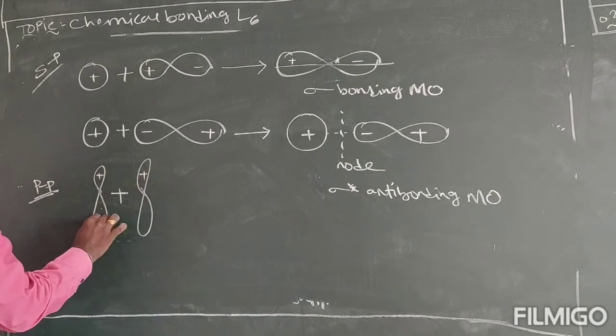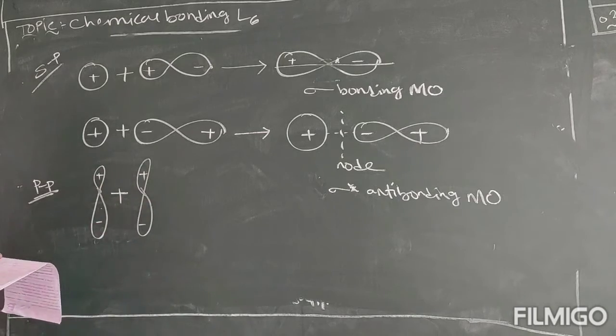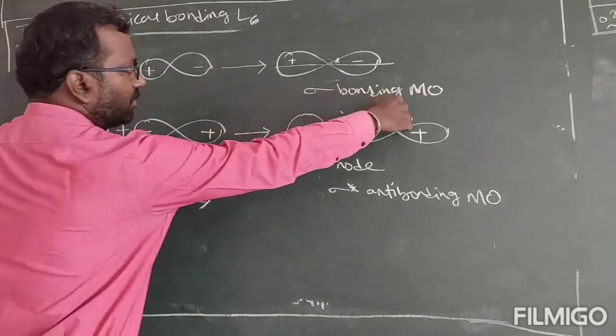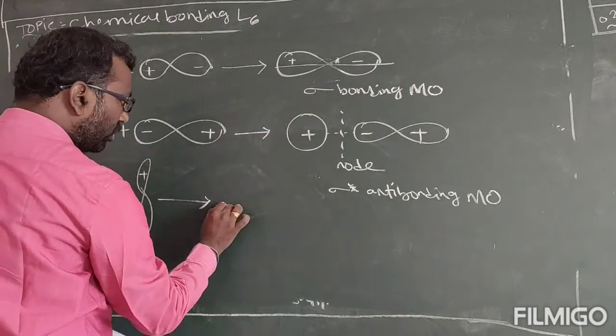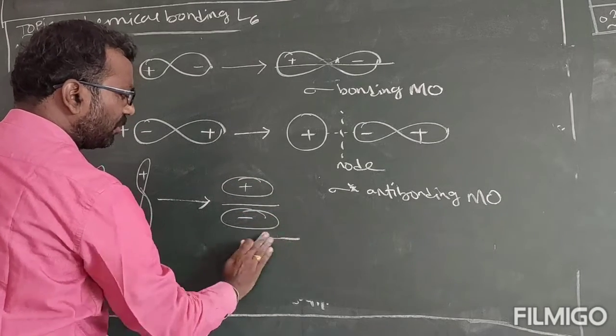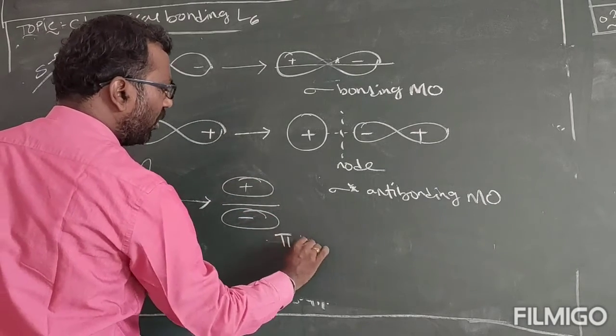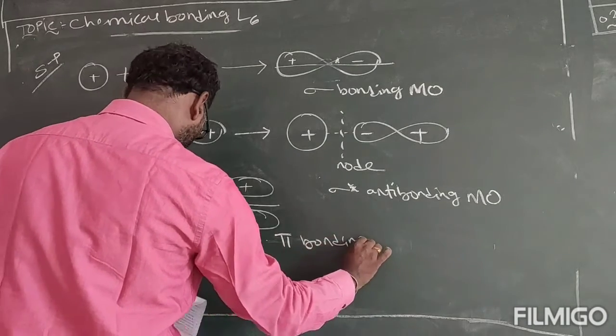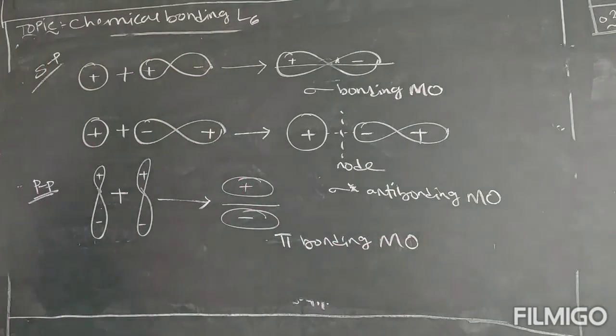Both are pluses. When the same signs are bonded, they will form sigma through the internuclear axis. So this is the pi bond, pi bonding.